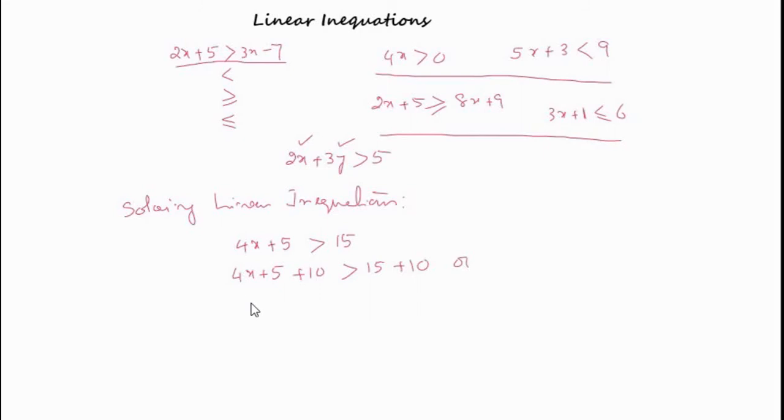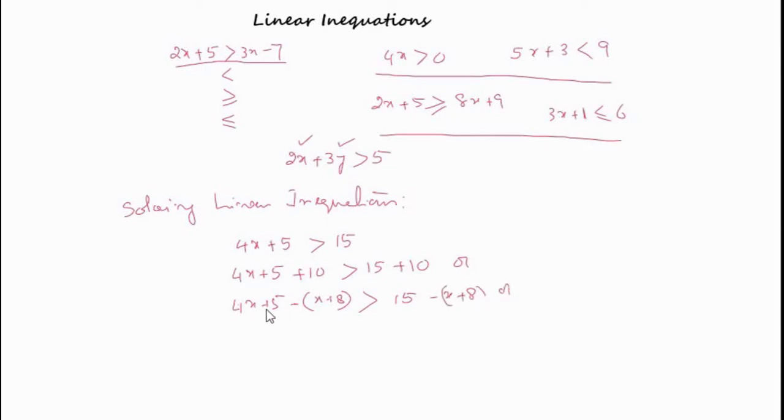Or if you subtract, it need not be just a number, it can be even an expression: 4x plus 5 minus x plus 8. I am subtracting x plus 8 from LHS, and from RHS also I am subtracting x plus 8.